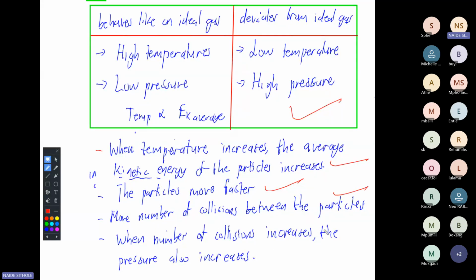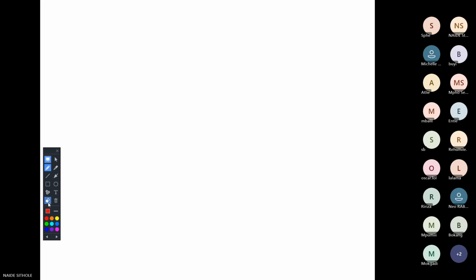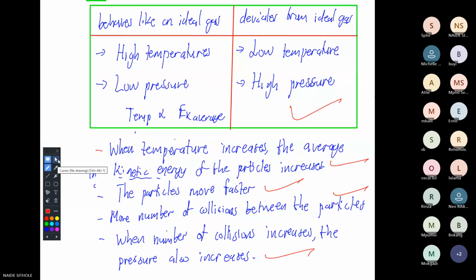When number of collisions increases, the pressure must also increase. Take a screenshot faster. Okay.